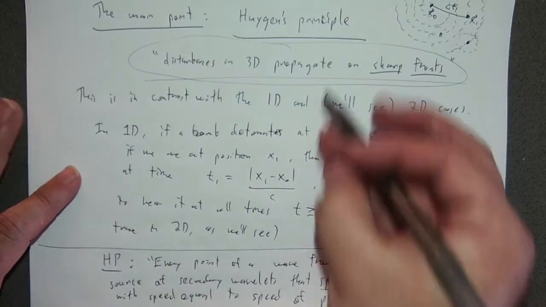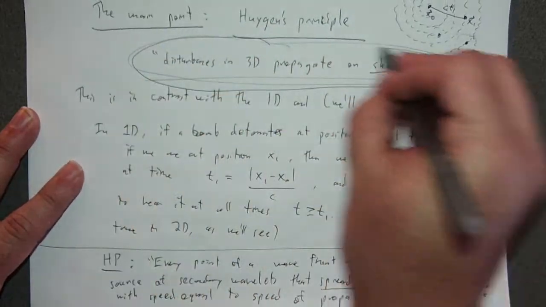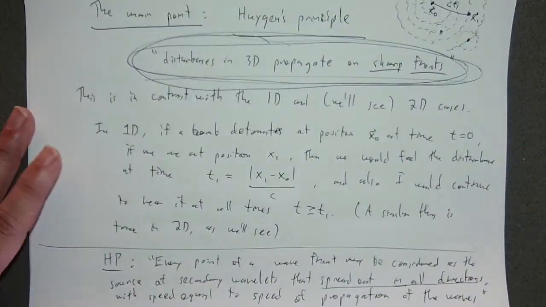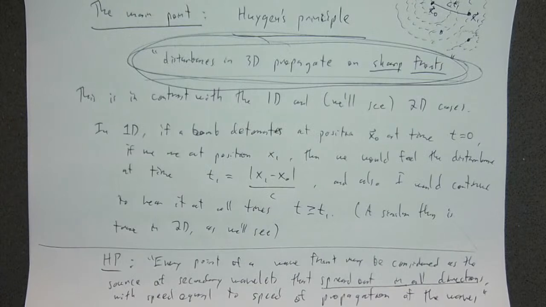So this thing that I've circled, that these propagate on sharp fronts, still holds true. If you want to look into how this works, it's very interesting, but this is the key, and we can read all of this from Kirchhoff's formula.